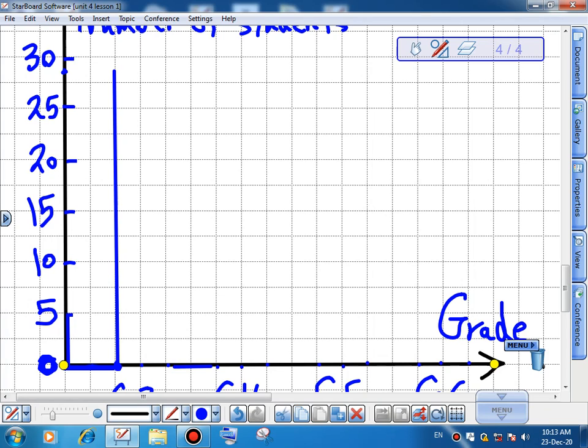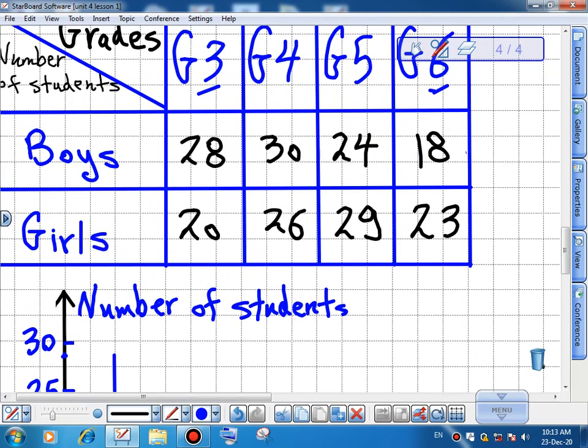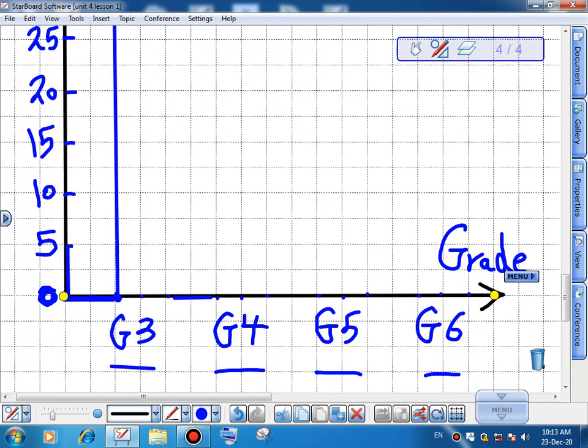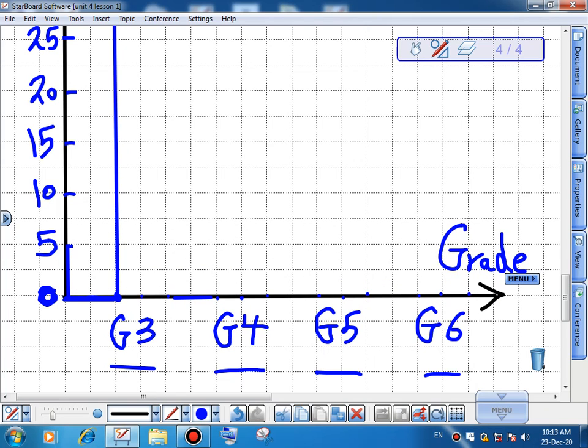We draw the line from 0 to 28, boys of grade 3. Second, we draw the line of girls from 0 to 20, like this.